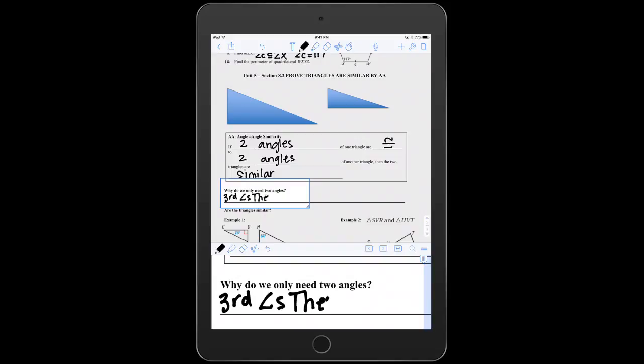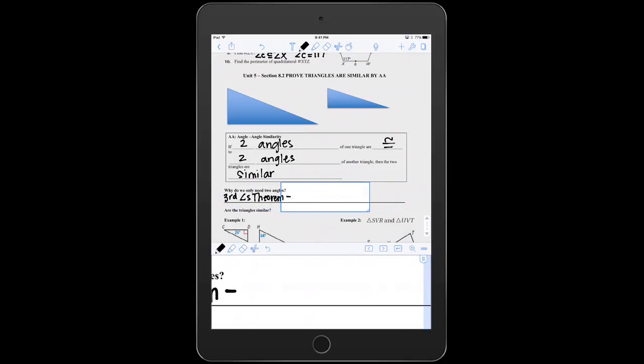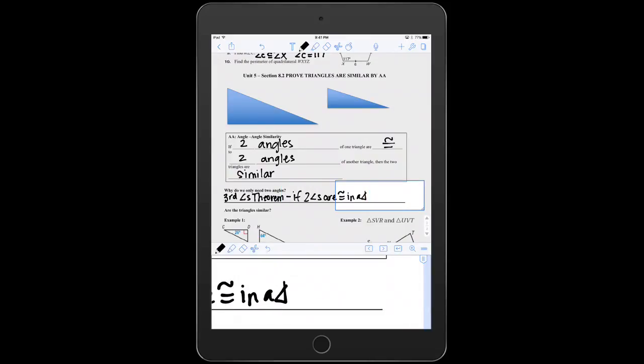And the third angles theorem basically told us that if two angles are congruent within a triangle, then the third angles are congruent. So technically, we do have three pieces of information. We just don't really need to state the third angle because it's assumed after the first two are congruent.